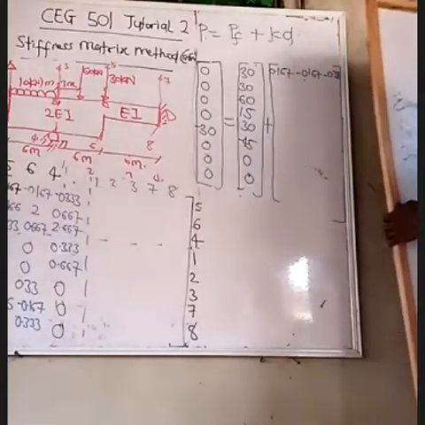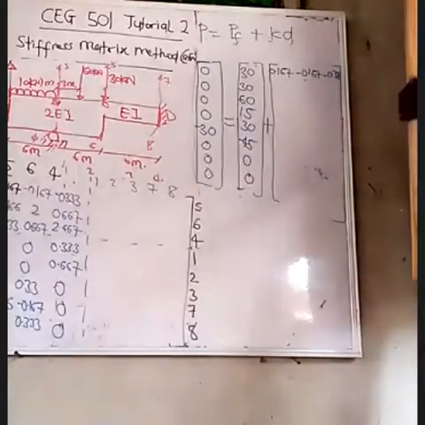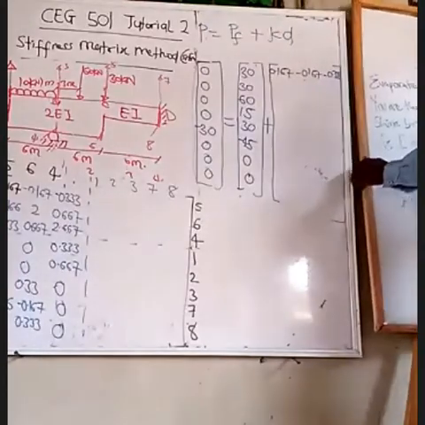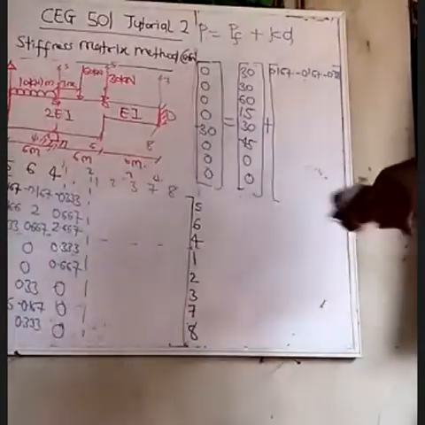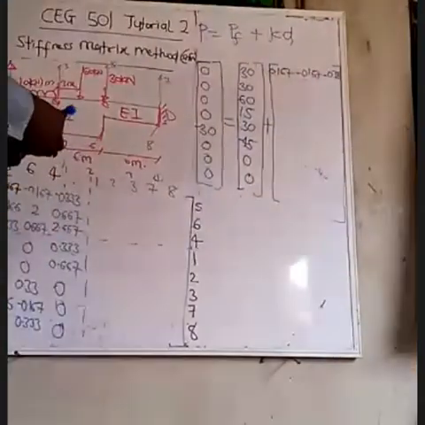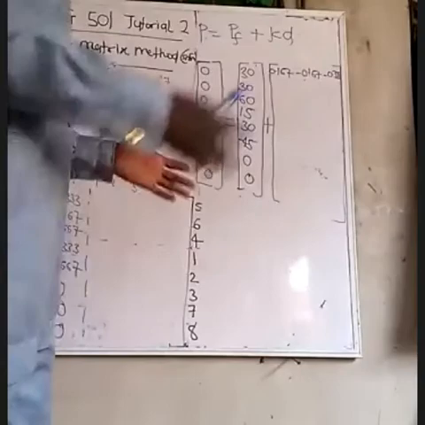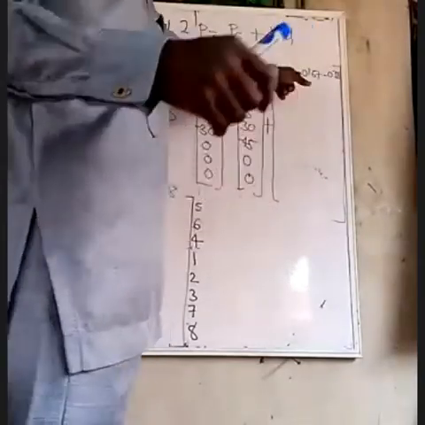Is this board showing? Okay, this is what I will do. 0.167, minus 0.167, minus 0.